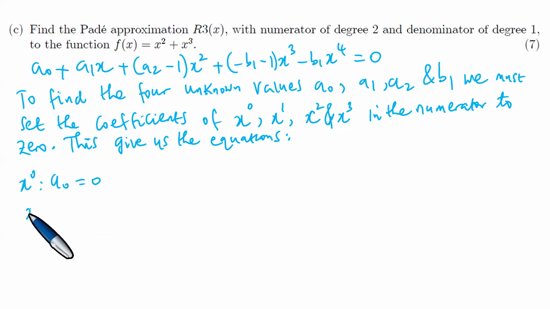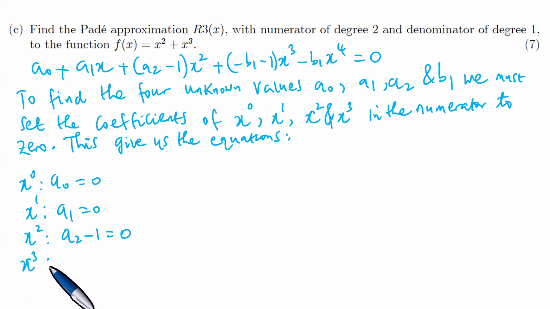And therefore x to the power 1, linear, is zero. x squared, the quadratic, zero. x cubed, zero. x to the fourth, zero.